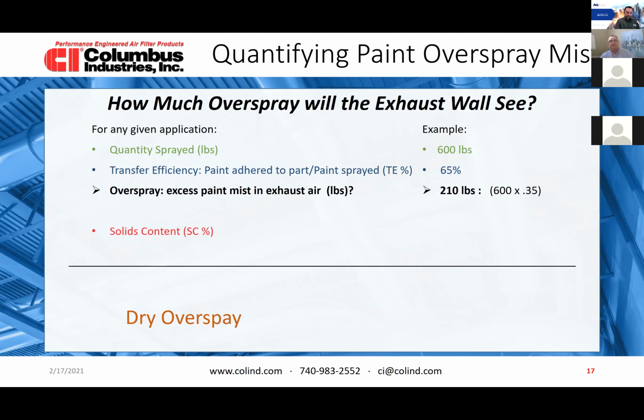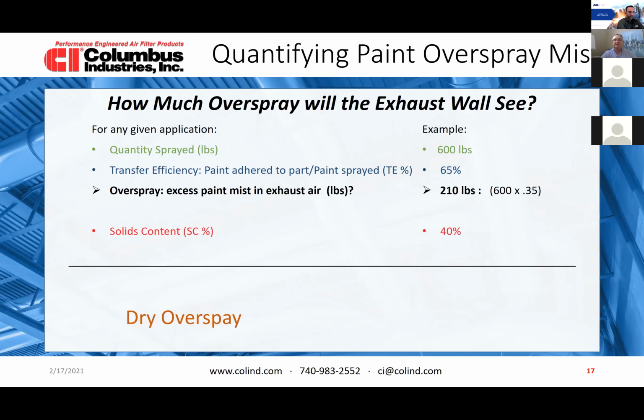To calculate the dry, you need the other factor in your paint, which is the solids content. It's also a percentage. For example, 40%. Whether I'm spraying 1 component, 2 component, solvent-based, or waterborne, I know that when the paint dries, the solid content is going to weigh 40% of the original weight of the paint.